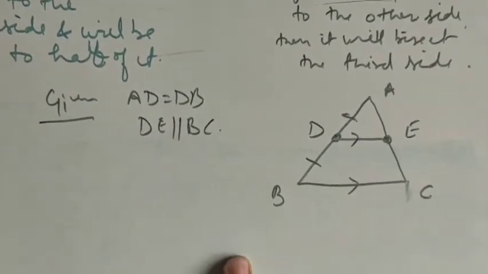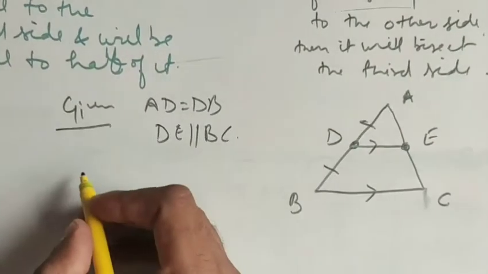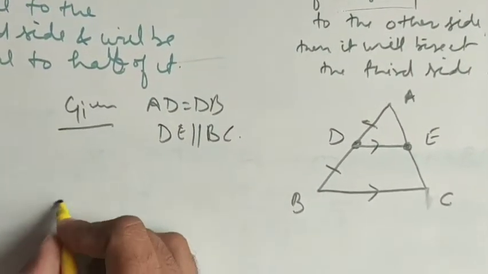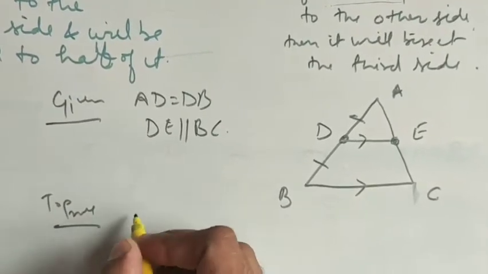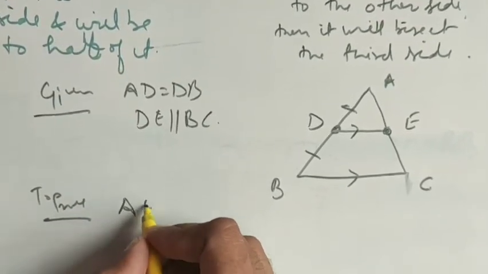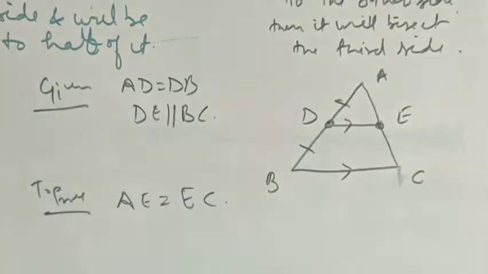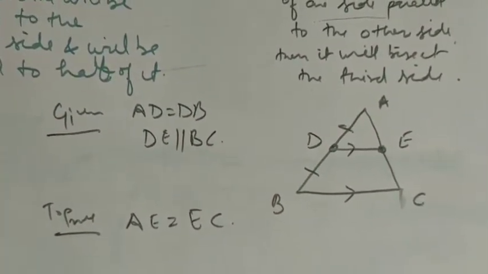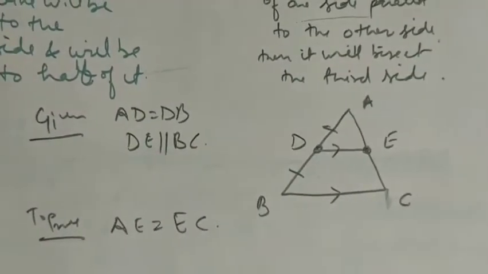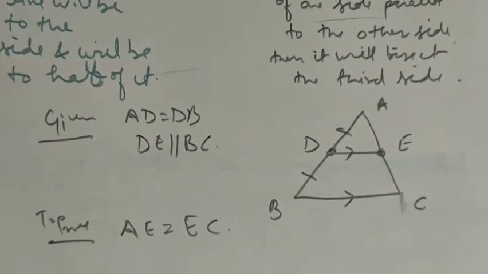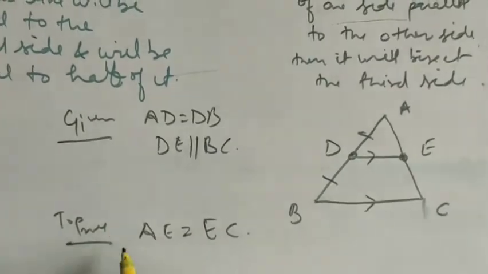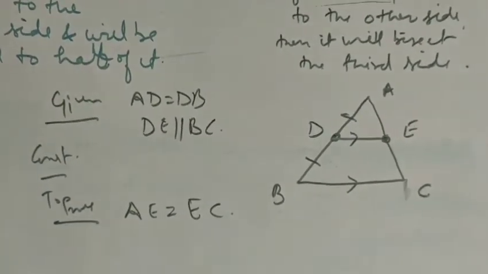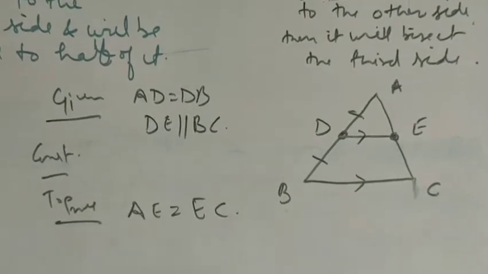Now what we need to prove, and for construction I am leaving some space. To prove AE is equal to EC, we need to prove AE and EC are equal. Again, by looking at the figure, we know that not enough things are there to prove this. So we do the same construction as we did in the previous part of the midpoint theorem.